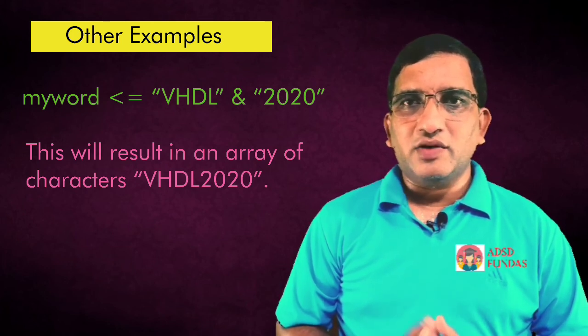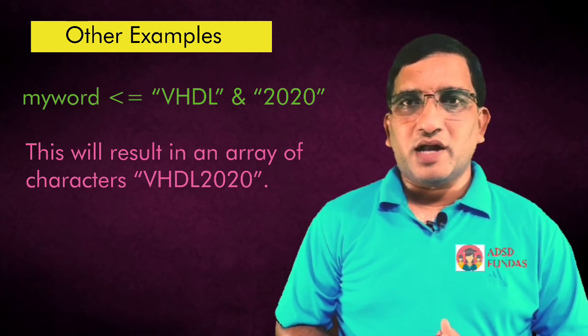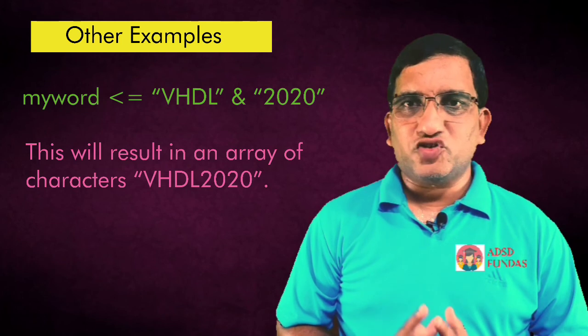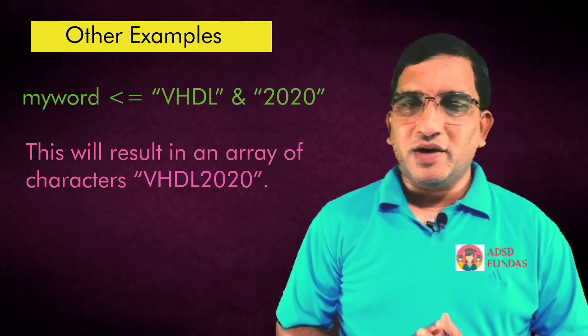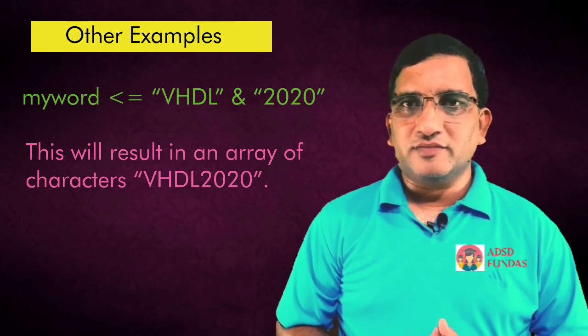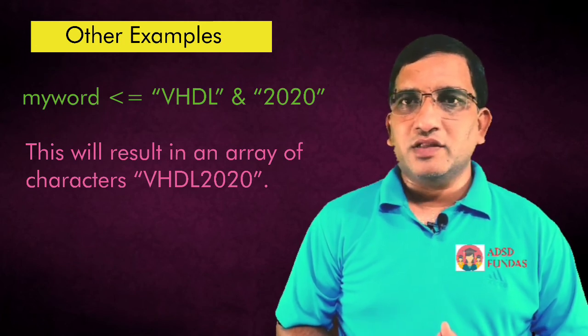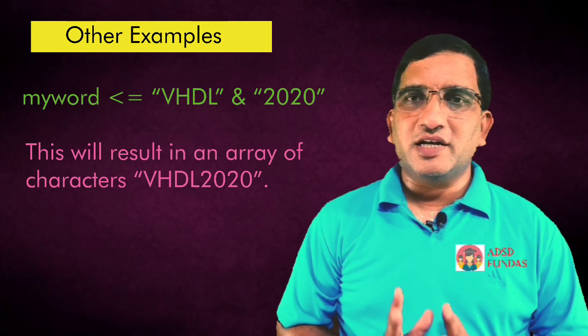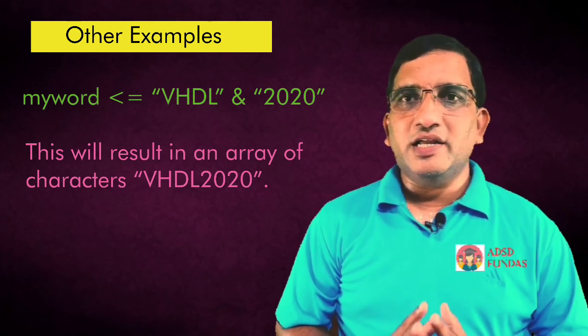Whenever I write any value inside double quotation marks, that will be considered as a string. This is not a binary value or an integer value. When we write it in double quotation marks, that will be considered as a string. So the string VHDL will be combined with 2020, and finally it will result in a single string VHDL 2020.